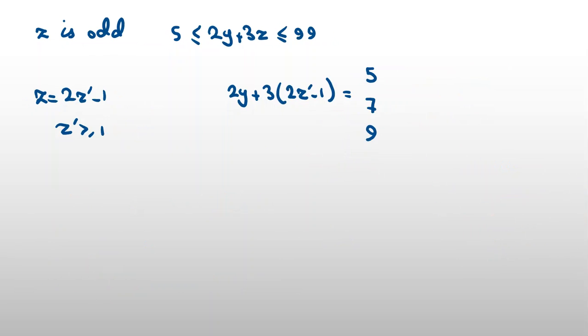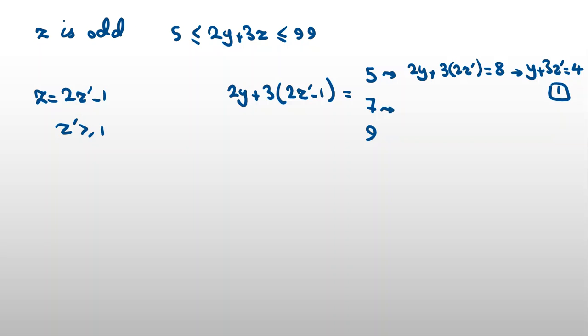Here, start from 5, 7, 9. For the first one, 2y plus 3 times 2z prime minus 1 equals 5. Take it to the right side, 8. If you divide, y plus 3z prime equals 4. So we can say z prime here can only be 1. So in this case, 1 answer.